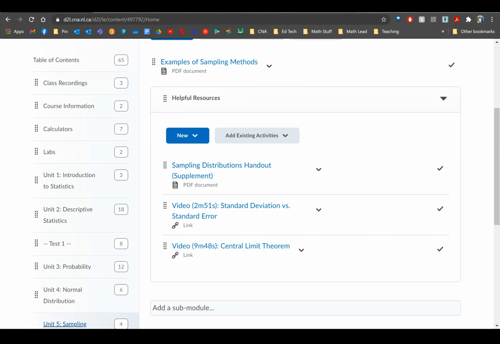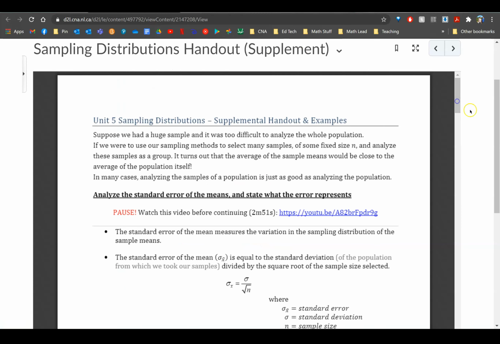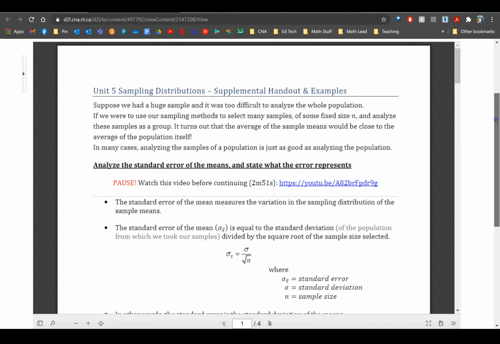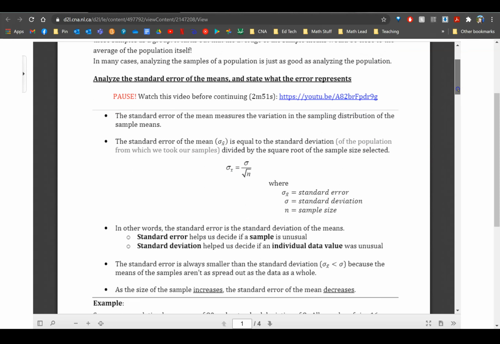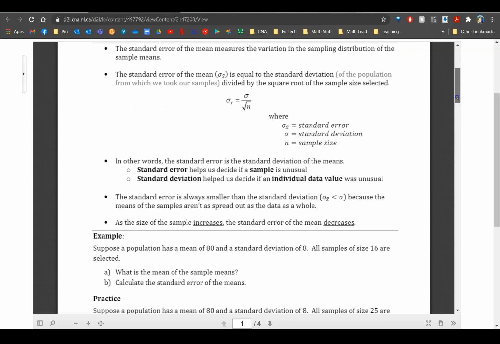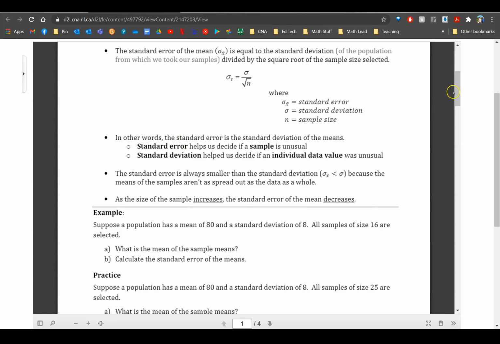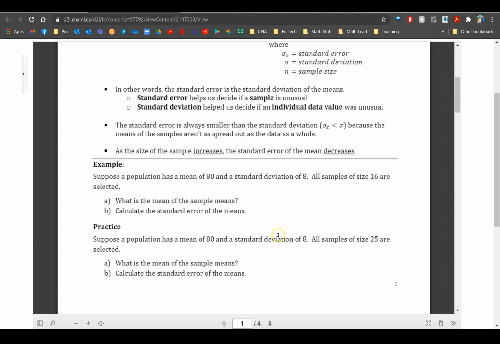Not every student loves watching videos on this stuff, and they would rather see more of the content written out, so I've done a supplement, which is the same information given a different way. It's all about sampling distributions, which at the end of the day is all about standard error. It talks about what the standard error is, gives you the formula again in very clear terms, tells you the difference between standard error and standard deviation, and then gives you a few practice examples.